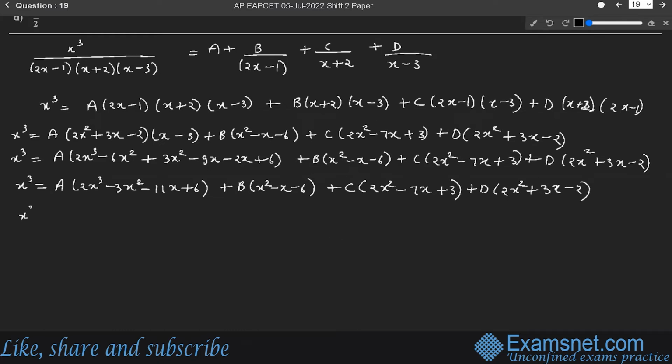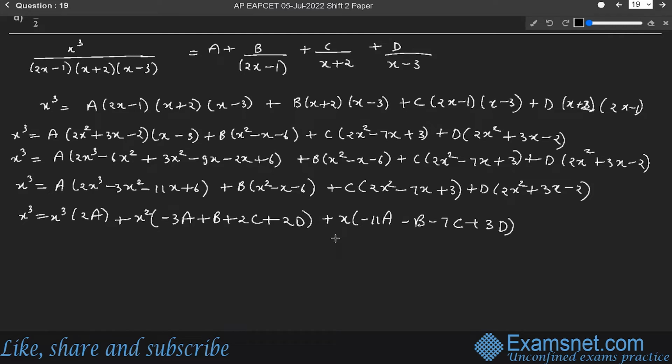Taking x cube common, the terms will be 2a; taking x square common, the terms will be minus 3a plus b plus 2c plus 2d. Similarly, taking x common, the remaining terms will be minus 11a minus b minus 7c plus 3d. And at last, the constants will be 6a minus 6b plus 3c minus 2d.